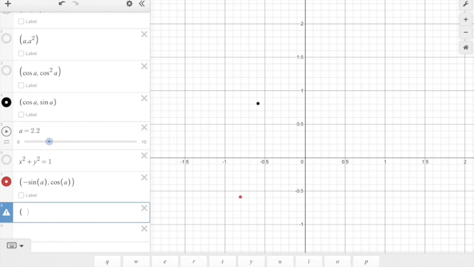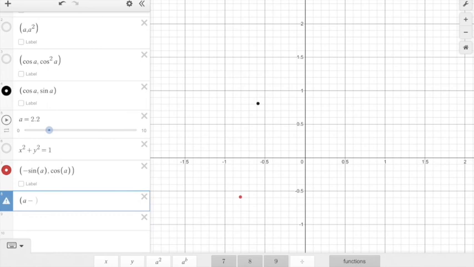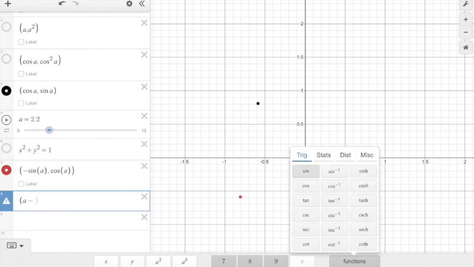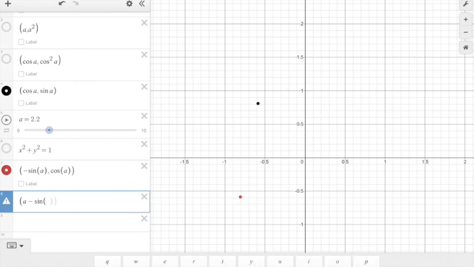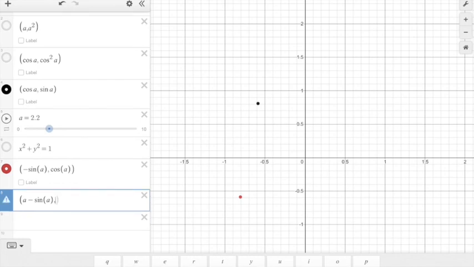Your x is going to be R. Let's just take R to be 1. Then we just have theta. I'm going to use A minus cosine A, sine A. And then 1 minus cosine A.